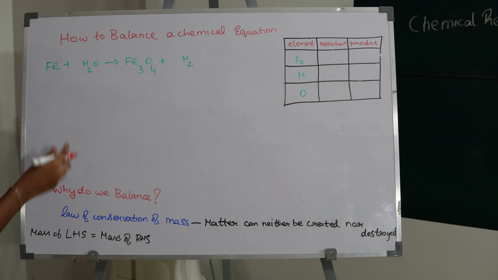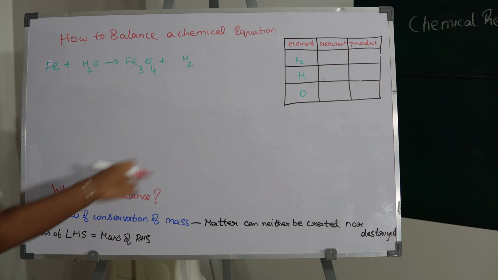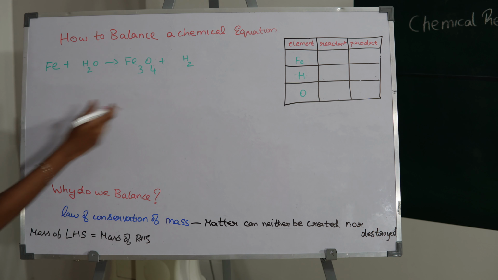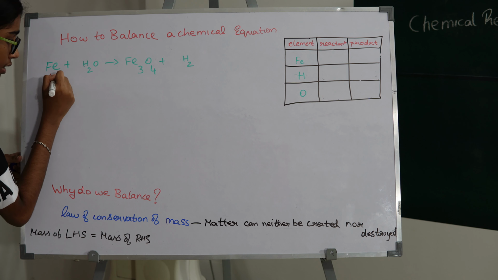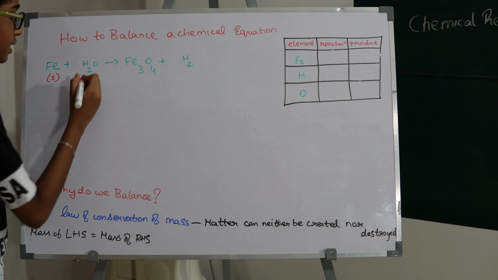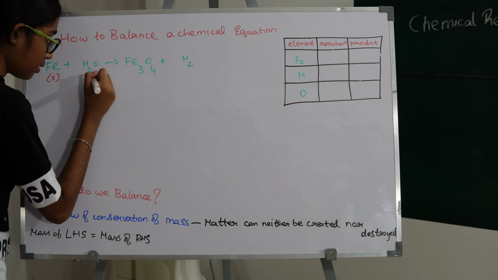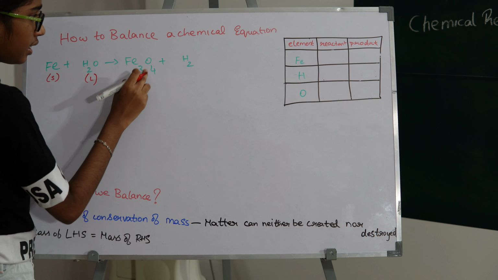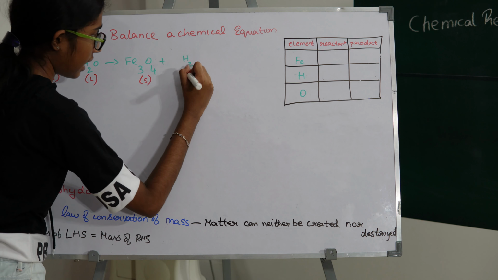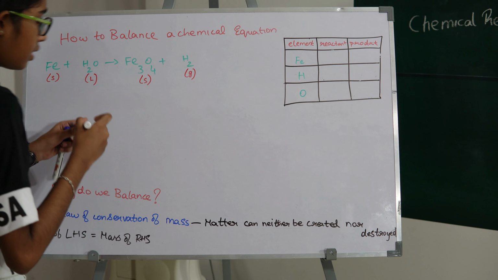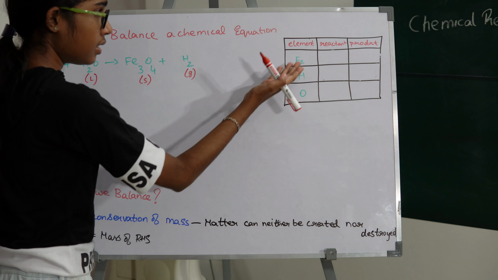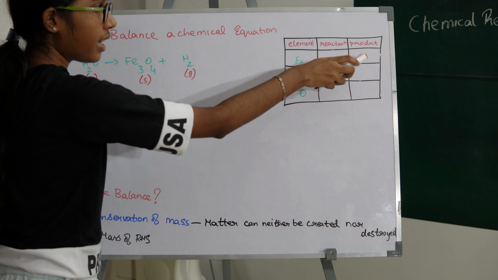So now let's see how to balance a chemical equation. First, let me write all the physical states of these. Fe is solid. H2O is water, of course it's liquid. And Fe3O4 is also a solid, and H2 is a gas. Now, these are the elements, reactant and the product.